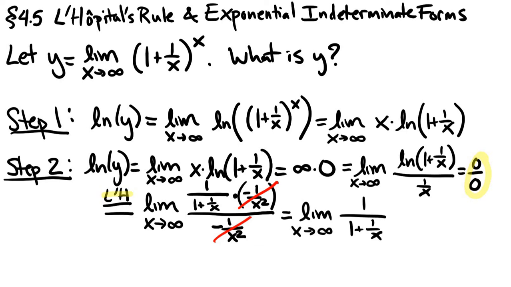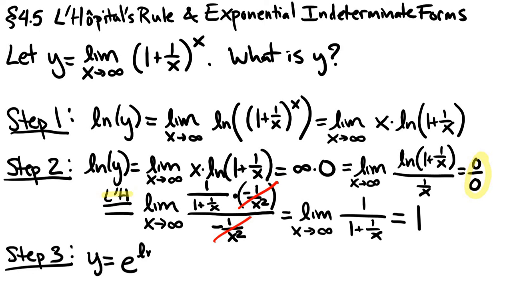Now when x gets bigger and bigger, we see this is just approaching 1. So we know the natural log of y is 1. But the question we wanted to answer wasn't, what's ln y? The question was, what's y? We have to use the fact that e to the x and ln x are inverse functions. So y is e to the ln y.